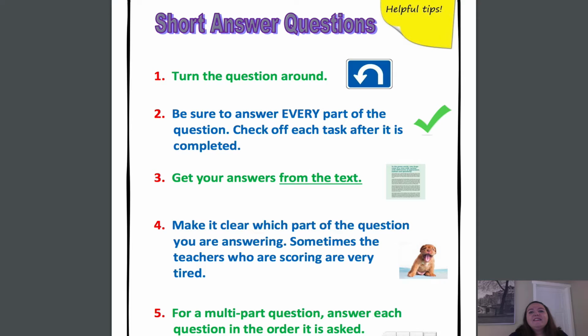Number 4, make sure that it's clear what part of the question you're answering. Sometimes teachers who are very tired get confused, so this helps me out quite a bit. For example, if you have a question about medieval serfs and how they feel about being under the control of the nobility, if you just put, they think it really sucks, I have no idea what question you're talking about.